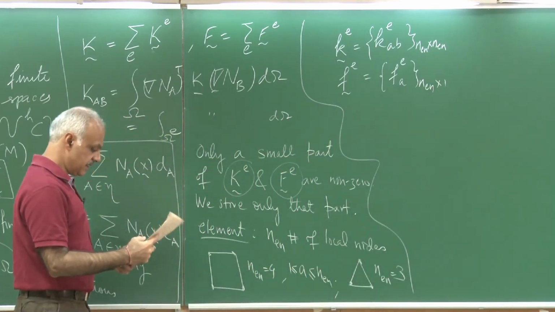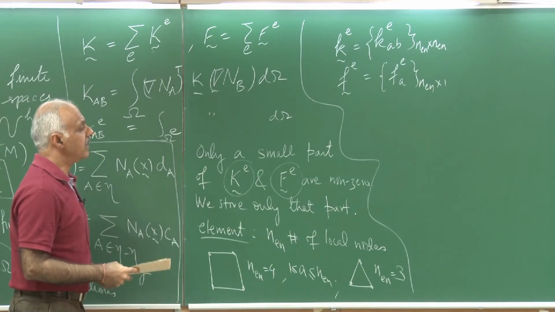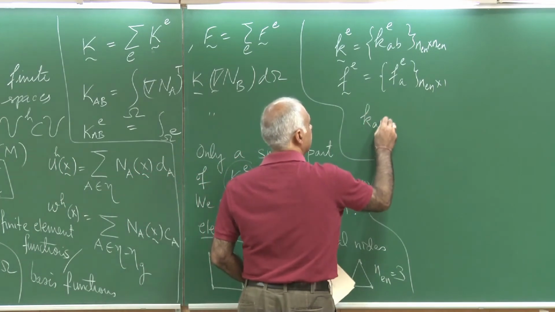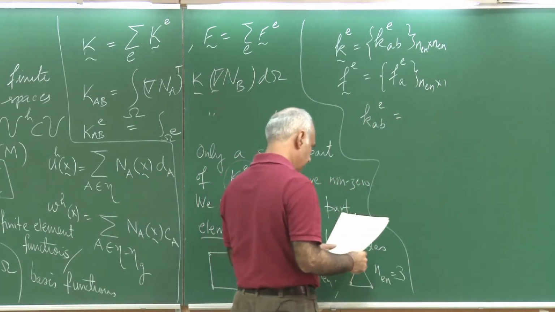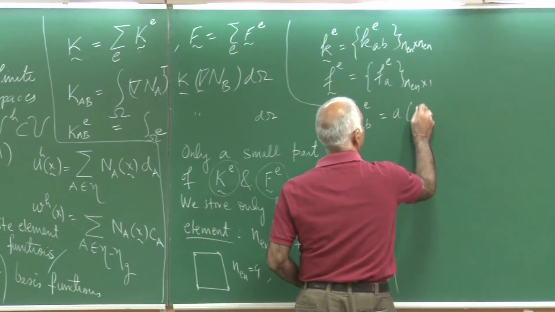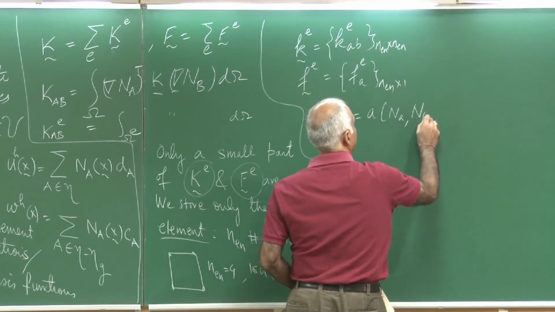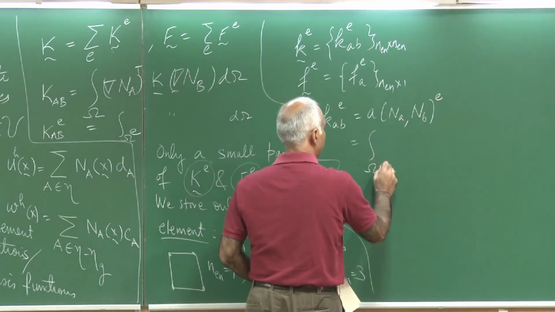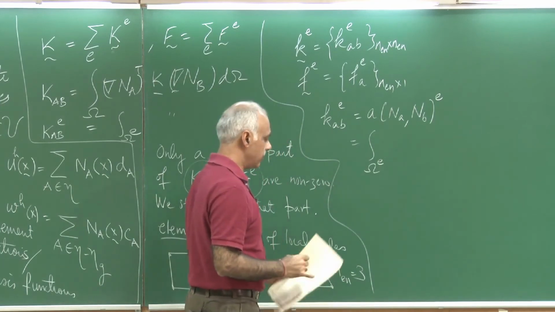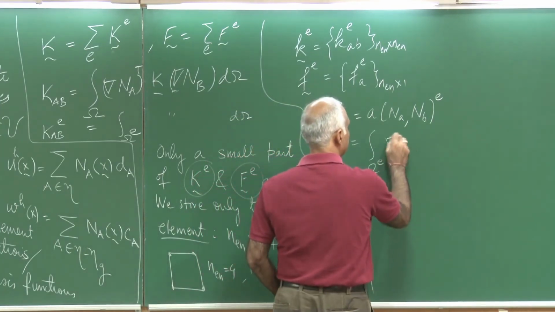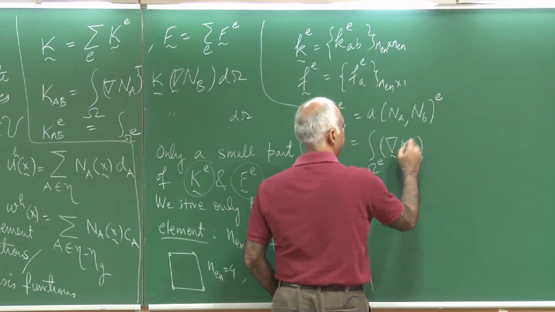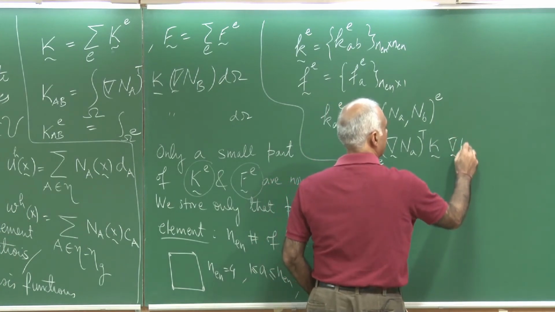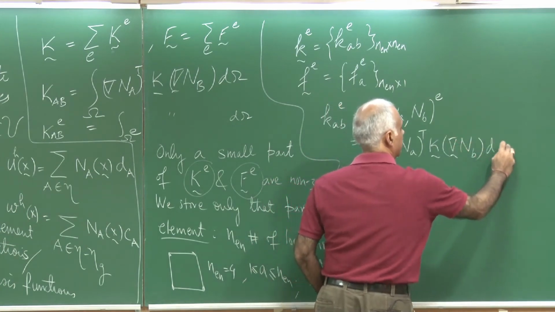Just for completeness, let me write down for you the explicit matrices that we had derived. So, KabE was actually a of Na, Nb at the element level, and more explicitly it was an integral over the element domain omega E of gradient of Na transpose, the conductivity matrix, times the gradient of Nb d omega.